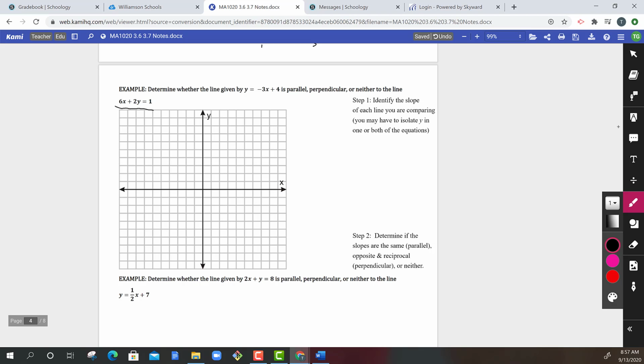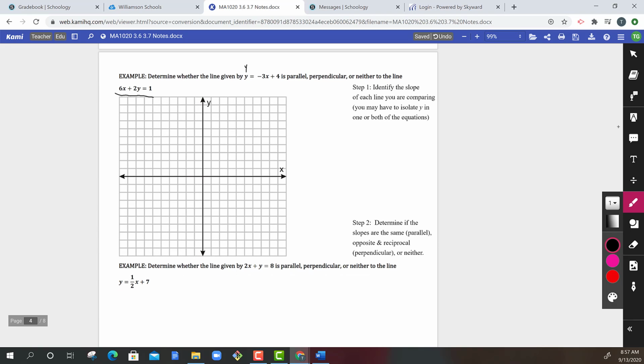Well, this first one is already in slope-intercept form. So we can see pretty quickly the slope for this first line is negative 3/1. I'm going to get in the habit of putting a whole number over 1, because that's going to make things a little bit easier when we're graphing. We don't really care about the y-intercept when we're just determining whether it's parallel, perpendicular, or neither.